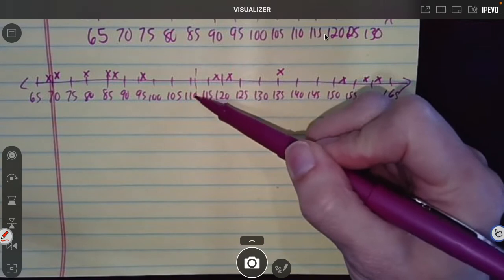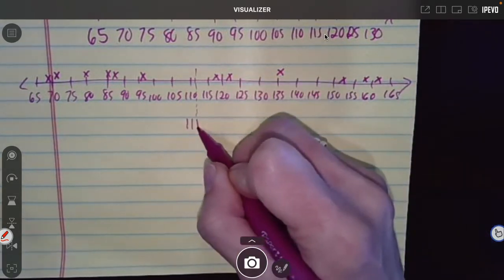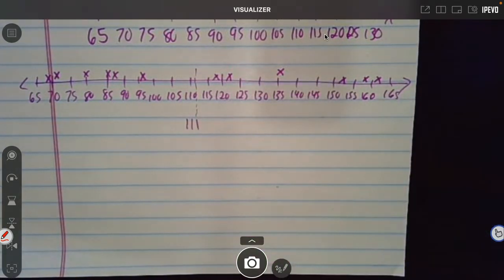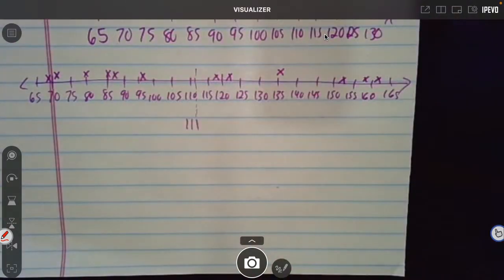So I'm going to put 111 right here. And now I'm going to count by 33. Is everybody ready or no? I'll wait a second. I marked my mean. Is everybody ready now?